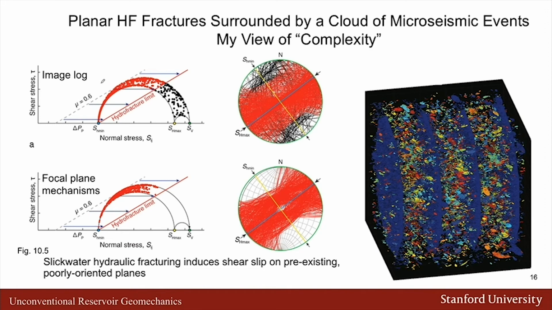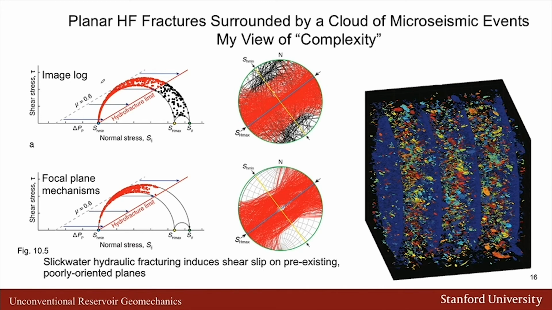But what you can see, in fact, from the stereo net, is that the planes have a wide range of orientations. Those are the natural fractures. And then the stereo net below, which is from the earthquake focal mechanisms, are very consistent.